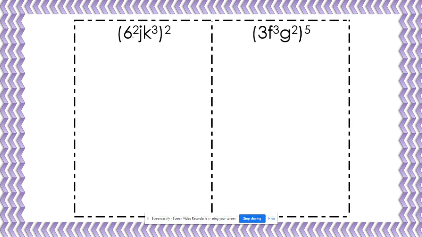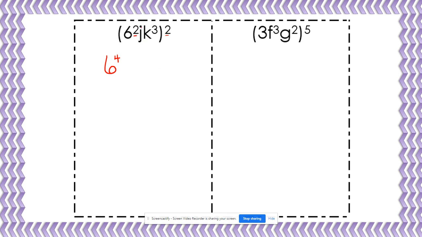For this problem, I have 6 to the 7th, j, k to the 3rd, to the 2nd. I need to make sure I raise everything to that 2nd power. So I have 6 to the 2nd. So I'm going to take this exponent of 2 and raise to the 2nd by multiplying. 2 times 2 gives me 4, so I'm going to write 6 to the 4th power. Now, I cannot skip j.